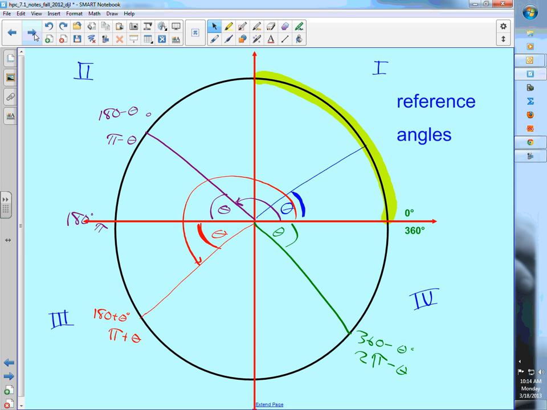Now, why they're so related, we'll get to as we progress. I just need you to know that there are 3 other angles related to your theta in quadrant 1. It doesn't matter what the measurement of theta is. But if you can imagine this angle right here, I don't know what its measure is, but I'm calling it theta. This arc right here, from horizontal right up to this point.